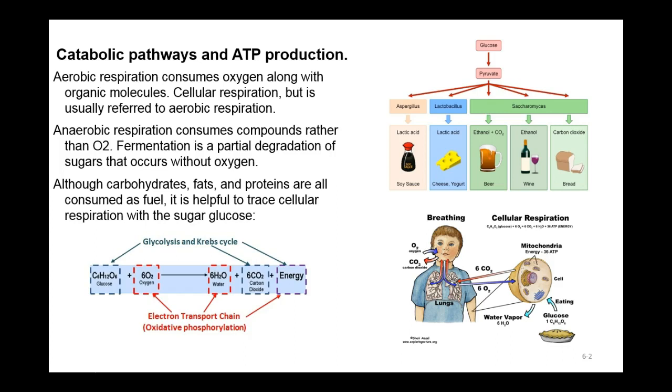I will apologize in advance because I will continually call it the Krebs cycle, because that's what it was called when I went to school. And then the electron transport chain. These are the three processes we will discuss, and each of them is part of the creation of ATP that's used to do work.